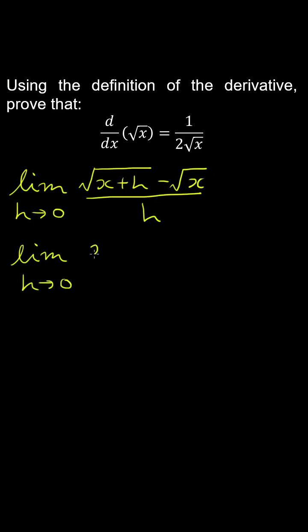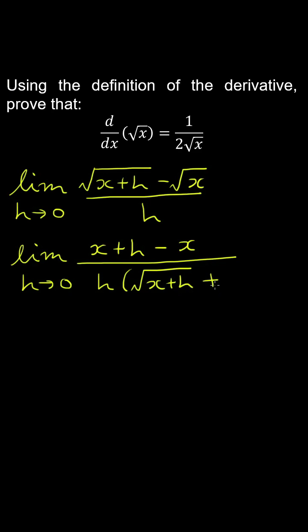So that will be root x plus h by root x plus h, then minus root x by root x over h multiplied by the square root of x plus h plus root x. And now we can see that x is going to cancel and h is going to cancel, so we get 1 in the numerator, and this limit thereby evaluates to 1 over 2 root x when h approaches 0.